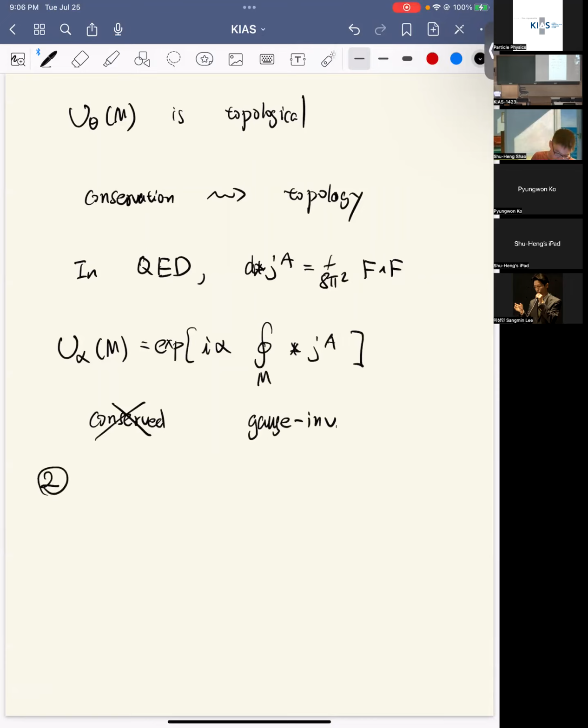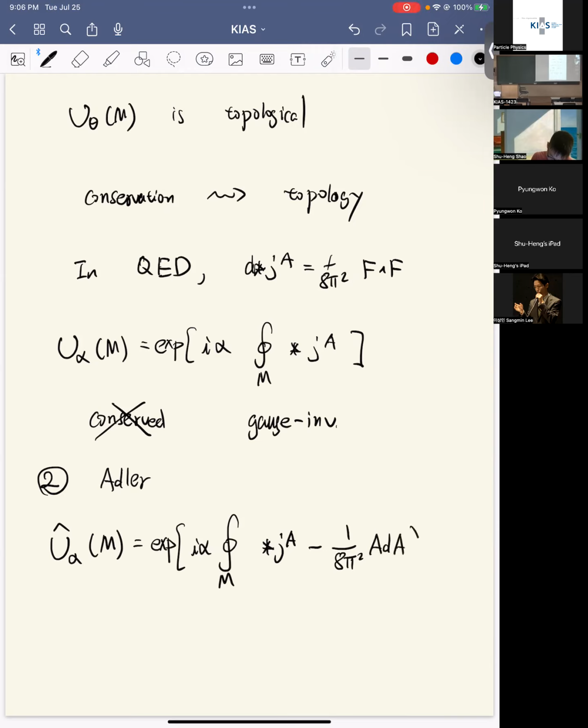The second trial, which was done by Adler in his 1969 paper, was to consider the following operator. I call it U hat, where you shift the integrand by this term. What is AdA?